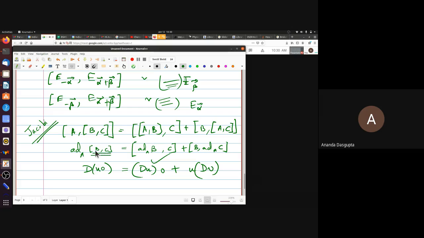Take the Lie product of b and c; when you apply ad a on that, you essentially have ad a b and c's Lie product plus b and ad a c's Lie product added together, which is exactly this property. The same property that the derivative has. Okay? So this is called the derivative property for this particular operation. In fact, it shows you that commutation is like a derivative, which, by the way, should not come as a surprise. That's what quantum mechanics is based upon, right?